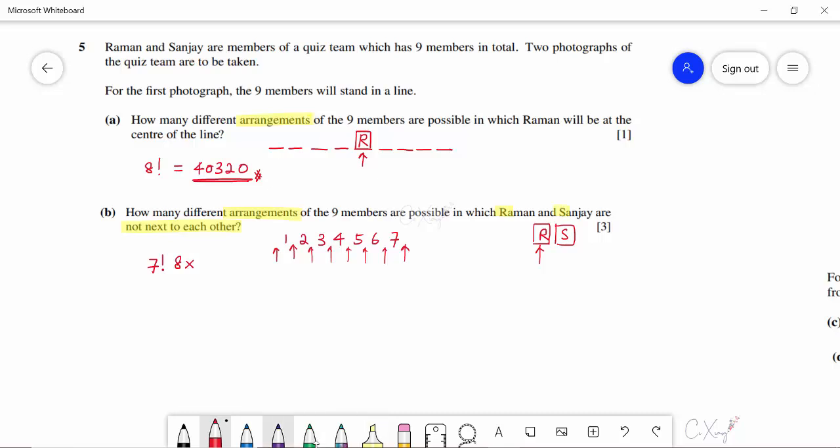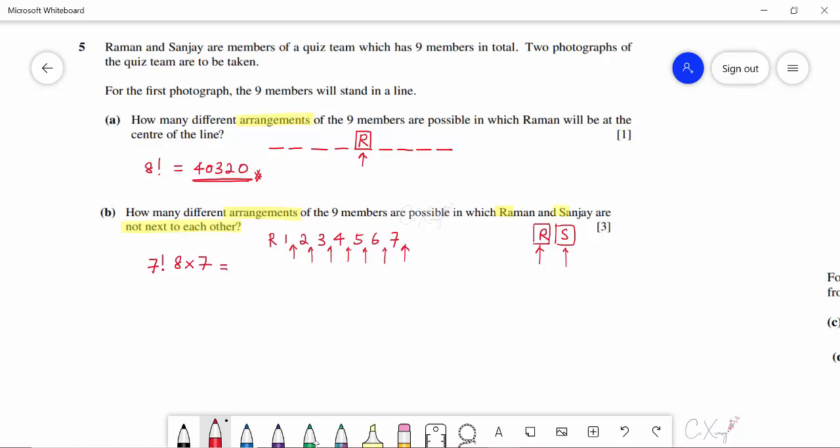And now, if you already put Raman in one of the locations, let's say Raman is here, then for Sanjay's turn, he only has 7 remaining places where we can put him. So 8 will be for Raman, 7 will be for Sanjay. So this is how you get the answer.